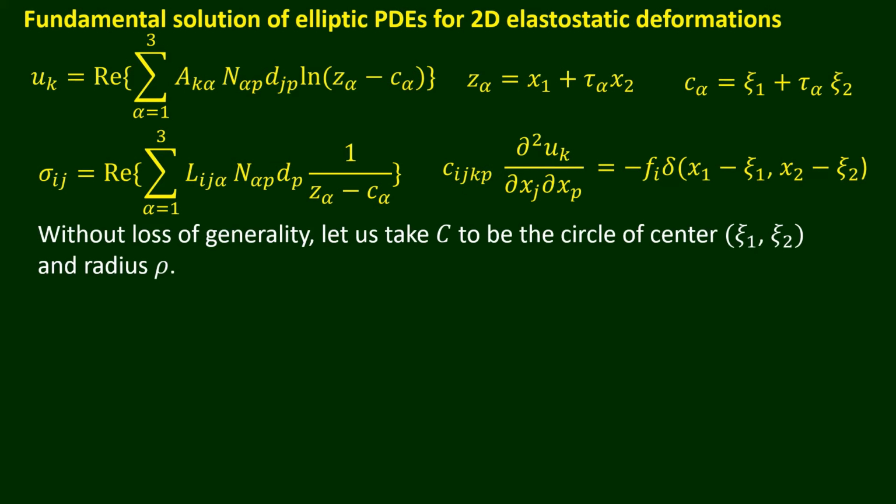Without loss of generality, let us take C to be the circle of center (ξ1, ξ2) and radius ρ.